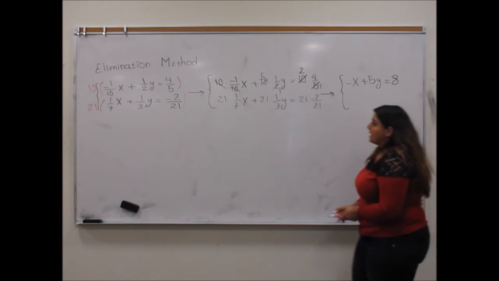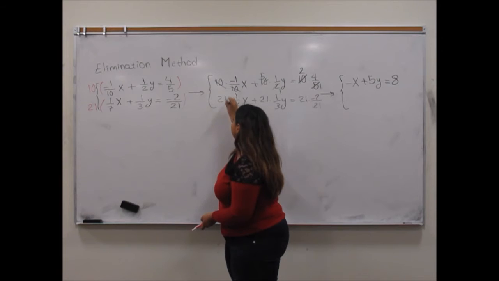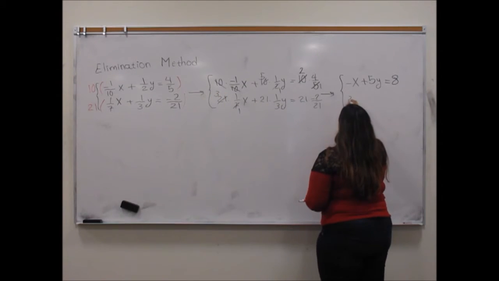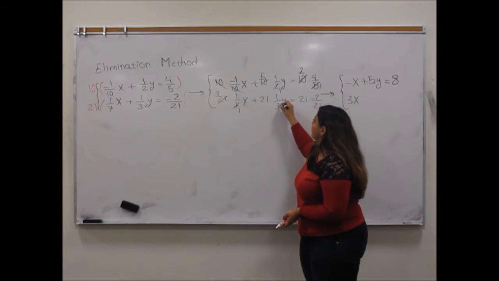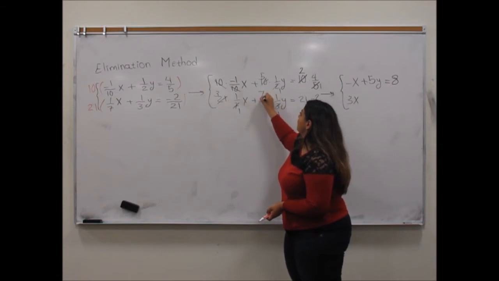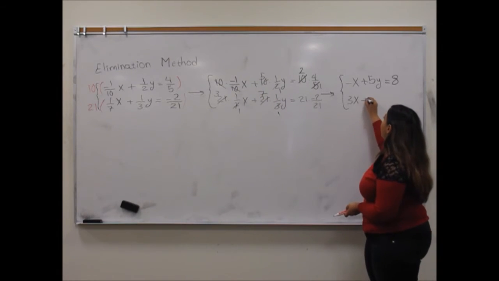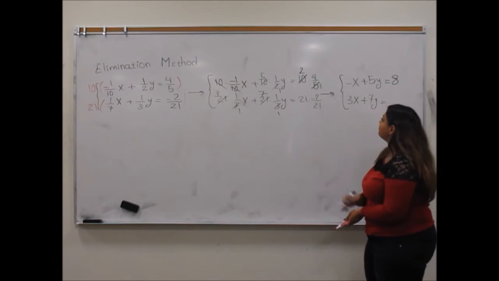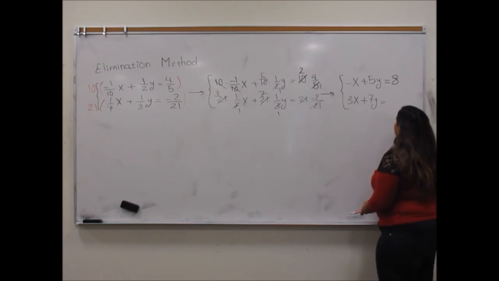Let's try to simplify. 21 divided by 7 is just 3. 3 times 1 is 3, so I have 3x. 21 divided by 3 is 7. So I have 7y. 21 divided by 21 is just 1. So I'm left with -2.